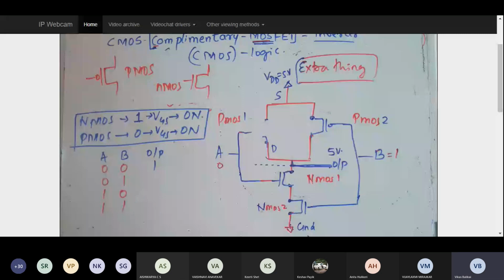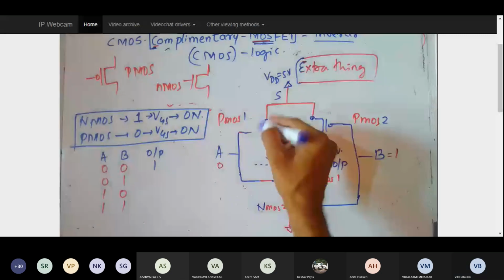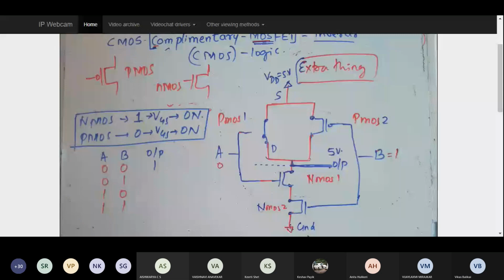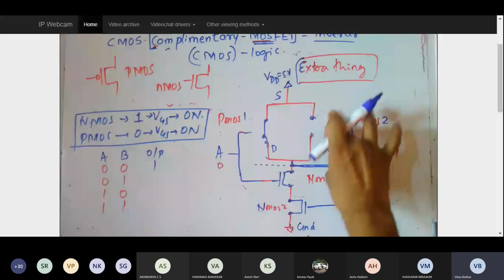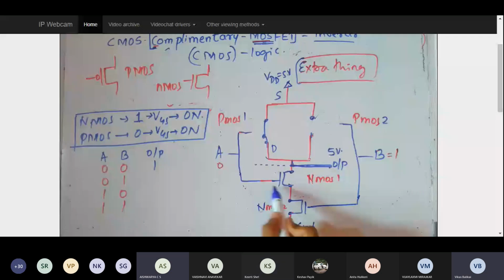And what about PMOS 2? Whether it is on or off? Off. So no connection. And what about NMOS 1? NMOS 1 again ಬಂದೈತಿ 0 ಕೊಟ್ಟಿರಿ. What is the status of this? Off. What about NMOS 2? 1 ಬಂದೈತಿ. On.